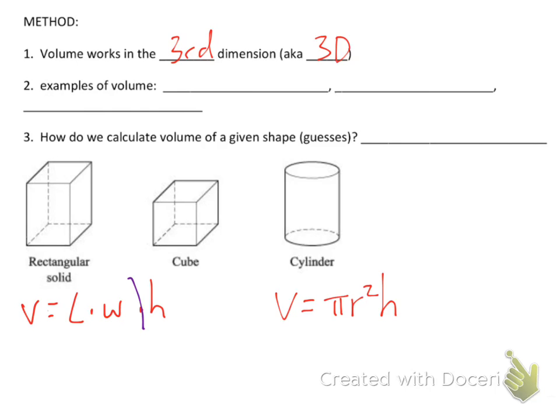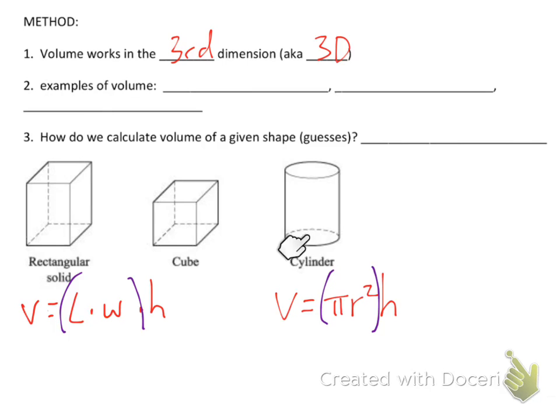So what if I separated my height from the rest of the stuff? What is length times width? Area of what? Length times width is the area of the rectangle and cube base. What's pi r squared of that cylinder? It's the base of the cylinder.